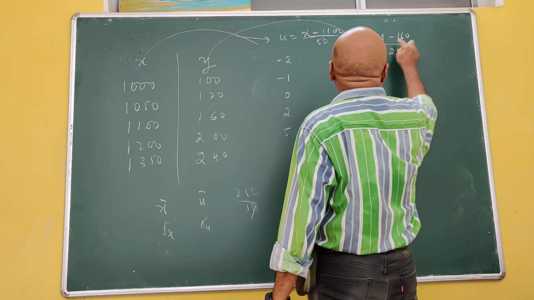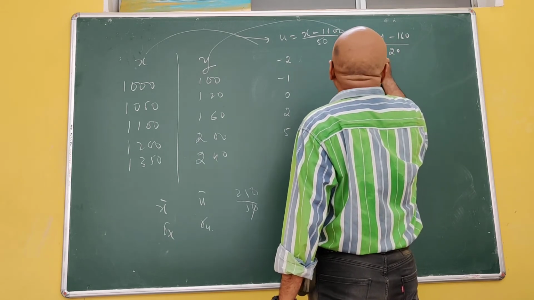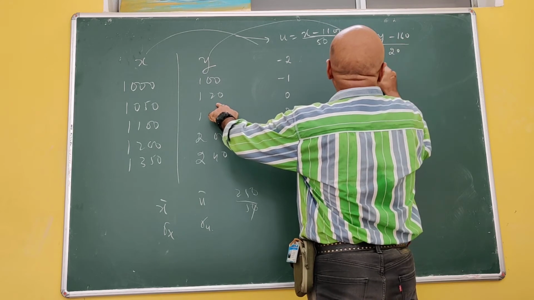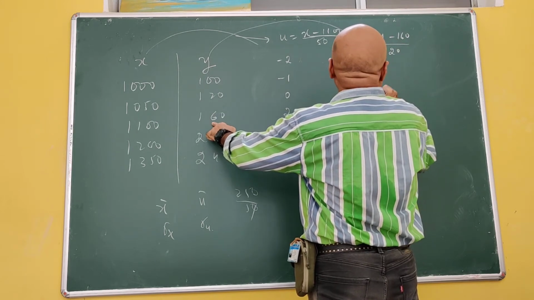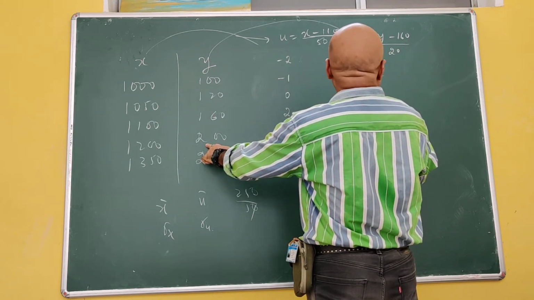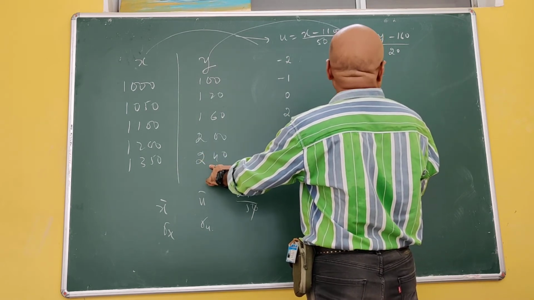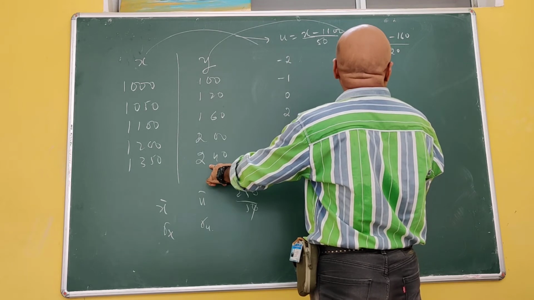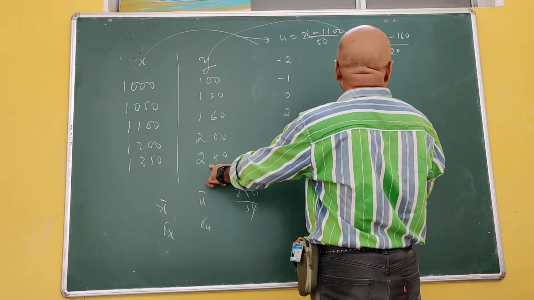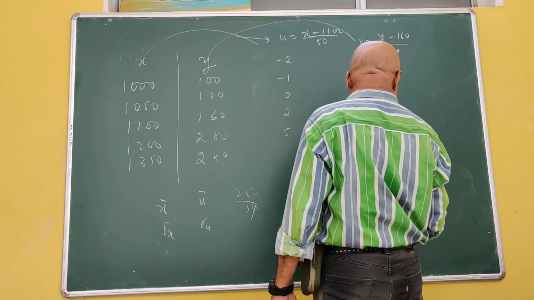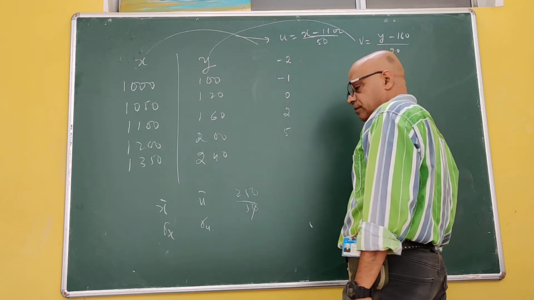So you would have minus 60 divided by 20 is minus 3, minus 40 divided by 20 is minus 2, then you would have 0, then 40 divided by 20, that's 2, and here you would have 80 divided by 20, that would be 4.